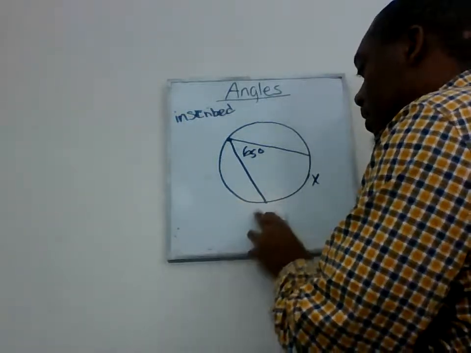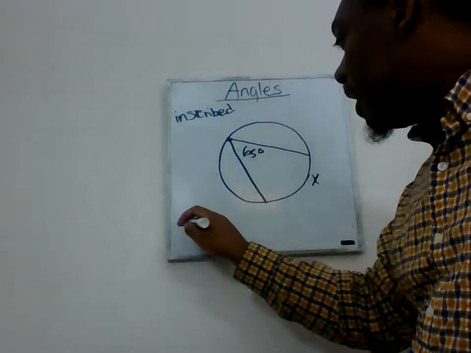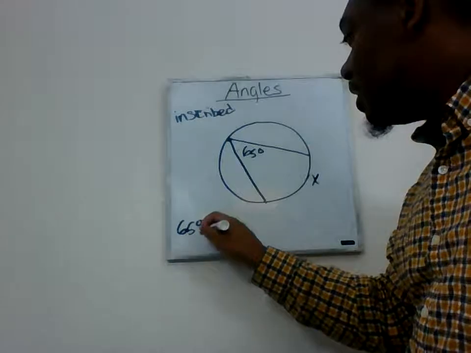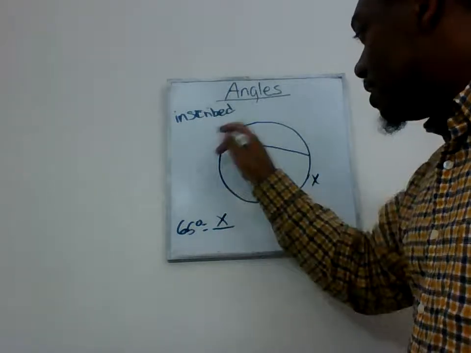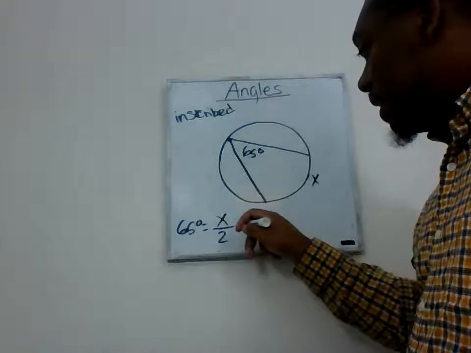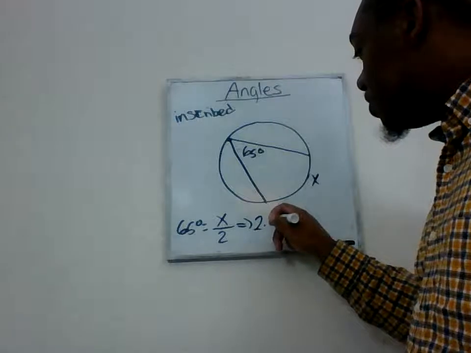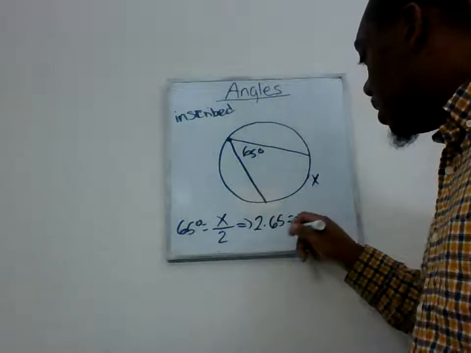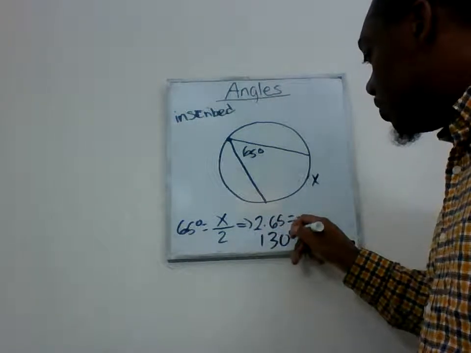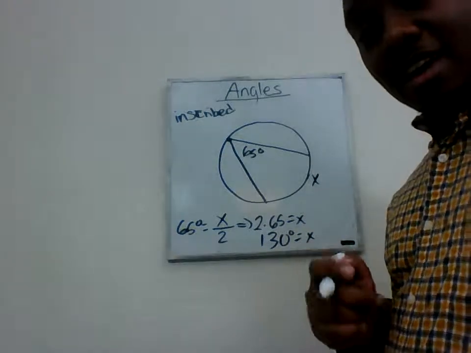Based off of the rule for inscribed angles, what I know is that 65 degrees has to be equal to x plus 0 divided by 2. Well, how would I solve for x? That's right, I multiply both sides by 2. And so I end up with 130 degrees is x. So this is 130 degrees. All right, cool.